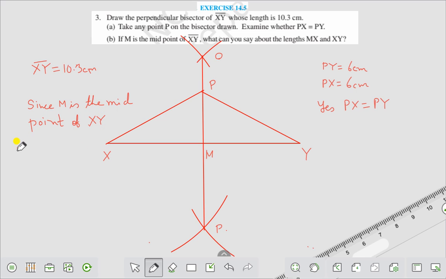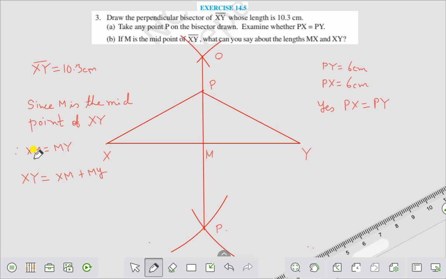Therefore, you can say that XM is equal to MY, right? Now, from the figure, we can say that the line segment XY will be equal to XM plus MY.